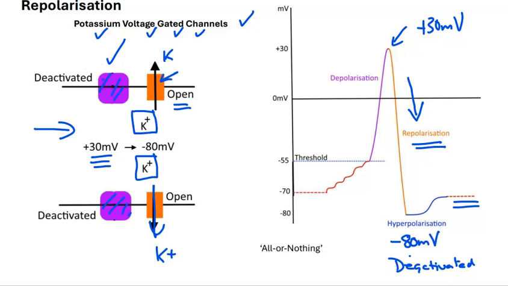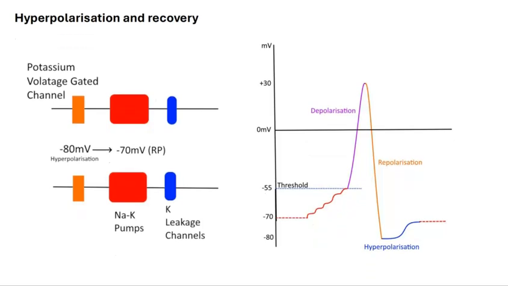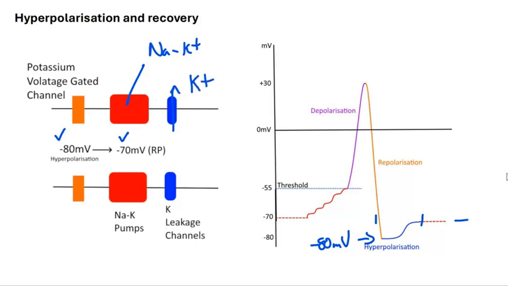Let's take a look at hyperpolarization. From hyperpolarization at minus 80 millivolts, the return to threshold takes a relatively short period of time, but a significant period of time that we'll discuss in the next slide. Going from minus 80 millivolts to minus 70 millivolts is performed by the sodium potassium pumps, and also again by our potassium leakage channels, which returns us to resting potential.